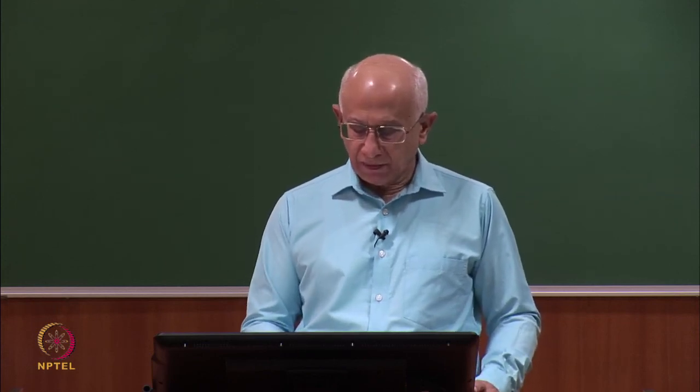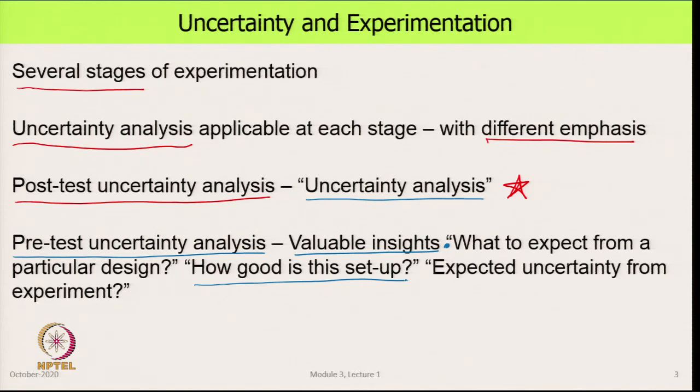The next question is, how good is this setup? So, this could be an apparatus, an equipment, an instrument, or a complete test rig with the experimenter or with one of their colleagues or in some other laboratory or in some other industry, and if we want to use that, we need to know how good is it.